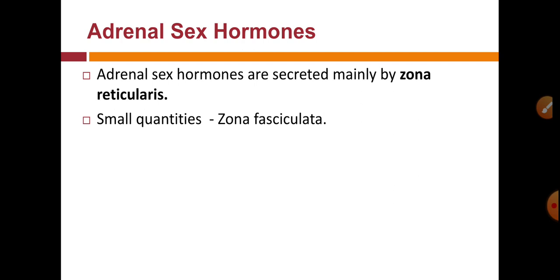Then small quantities of adrenal sex hormones are also secreted from the middle zone, but mainly it is secreted from zona reticularis. In small quantity, zona fasciculata also secretes sex hormones. This zona reticularis also secretes glucocorticoid hormones, but in very less quantity.